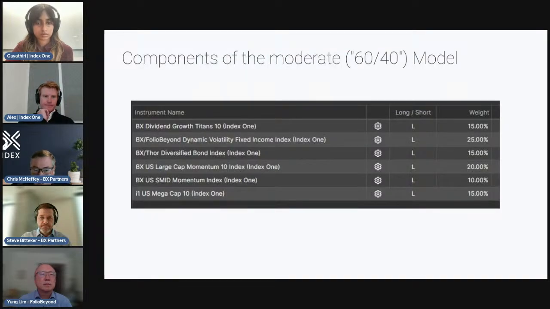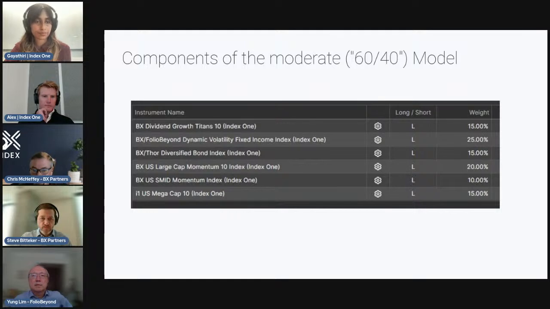So you can see what we have in here is 6 different indices that we call our strategies indices for a number of reasons. You can call them strategies, you can call them whatever you'd like. So we blended the FolioBeyond dynamic volatility with a little bit of the Thor diversified bond. Once again, they don't correlate all that highly, which creates a better outcome.